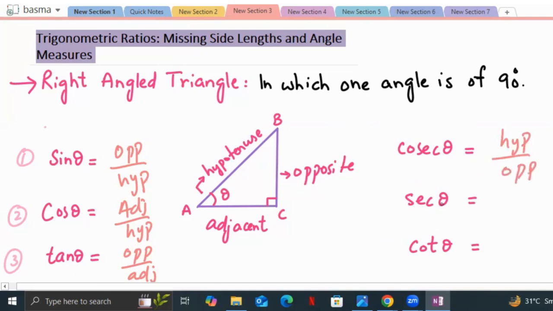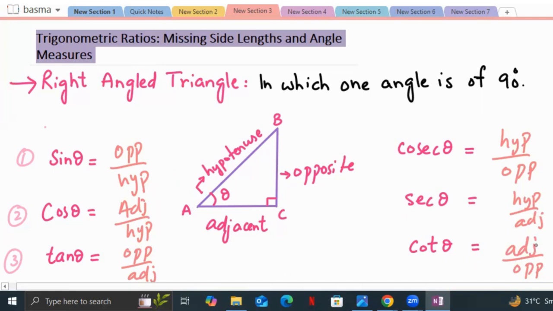Similarly, secant theta, or sec theta, is the reciprocal of cosine theta, which can be written as hypotenuse over adjacent, because I'm taking the reciprocal of the cosine value, which was adjacent over hypotenuse. And the third one: the reverse of tan theta is cotangent of theta, which you can simply write as adjacent over opposite.